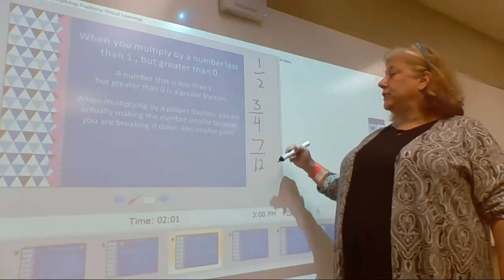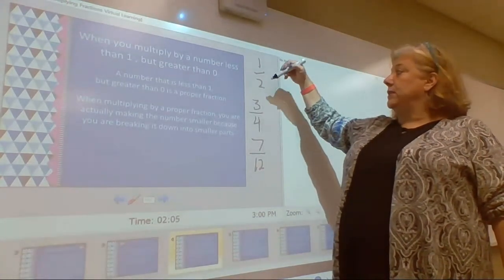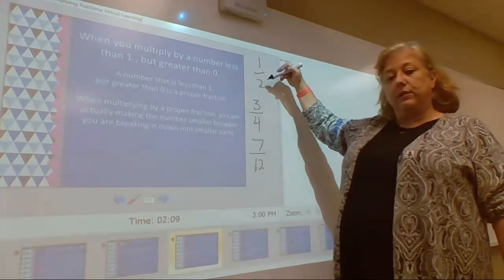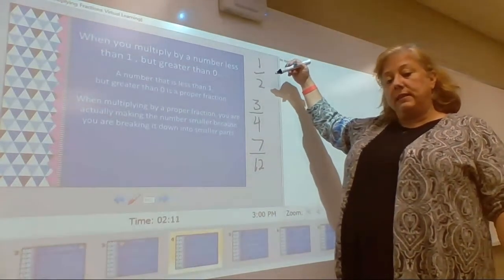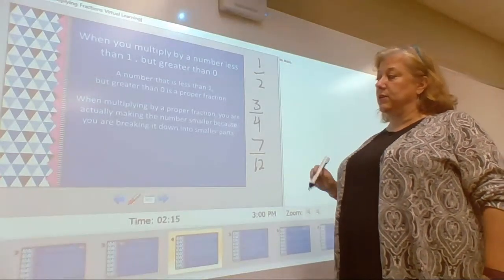These are proper fractions, meaning your numerator is smaller than your denominator. You might want to write that in your notes.